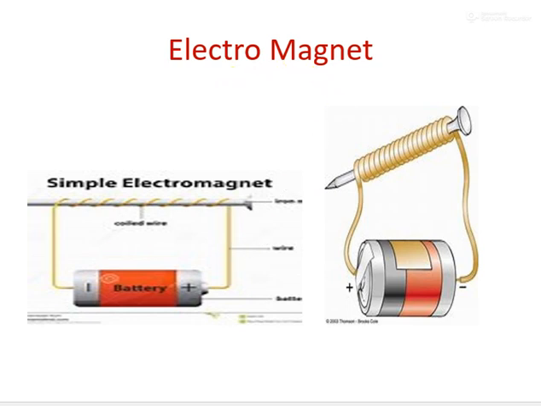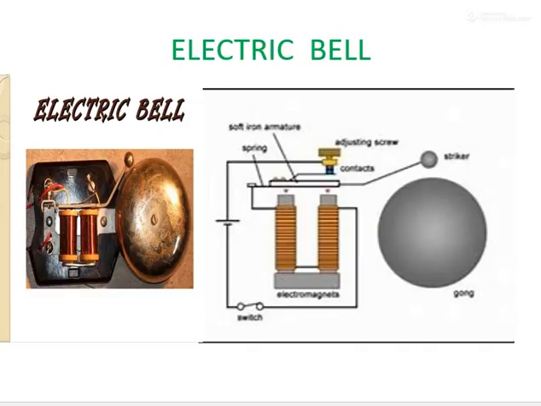Based on the same concept, we have the electric bell. Now, this electric bell consists of this iron piece. On this iron piece, copper wire is wound, and this wire is called a coil.